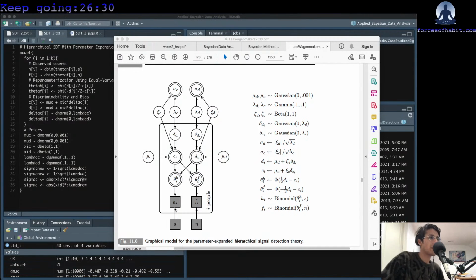For each of the hits and the false rates, you'll get the hit rate and the false positive rate for each subject, which informs the discriminability for that given subject and the bias for that given subject, which are derived from a group average, so a group mean discriminability.